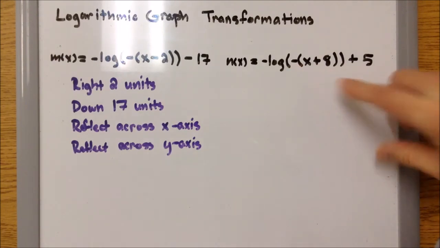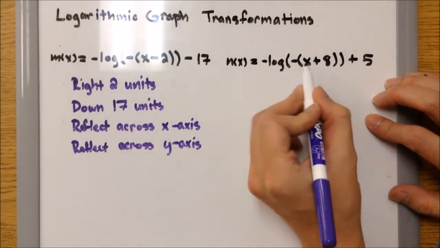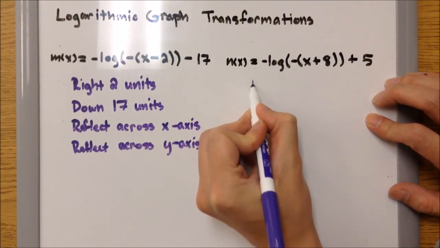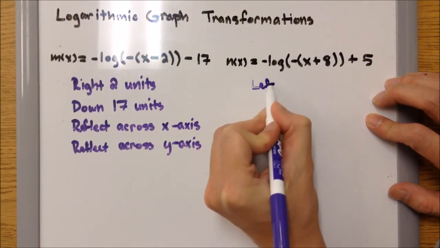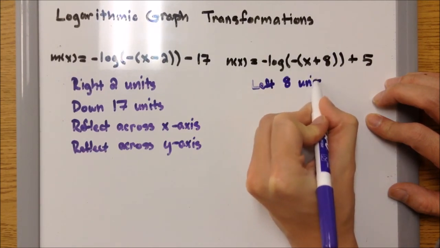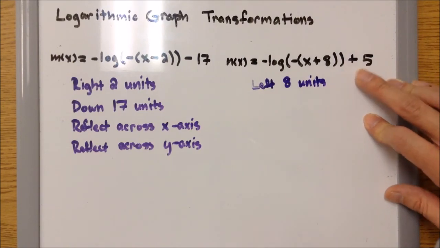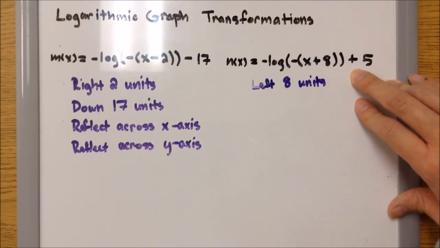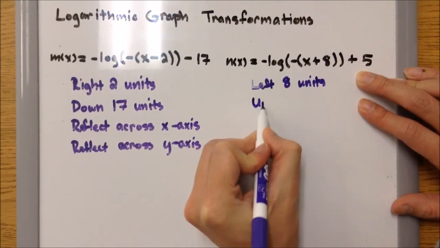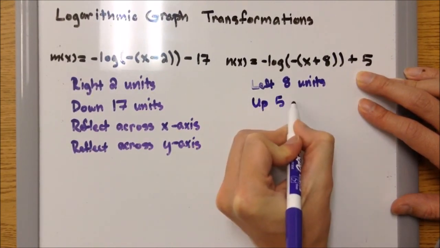So let's focus on the x plus 8. Since it's with the x and it's plus 8, it's going to go left 8 units. And then the plus 5, it's after the x, it's outside of parentheses. Since it's plus 5, it's up 5 units.